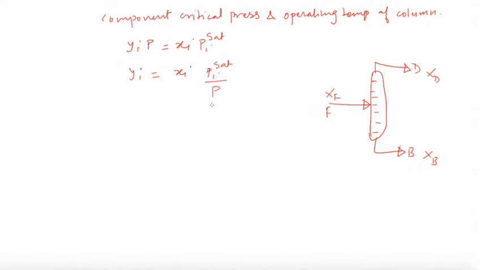This P is the operating pressure of the column, and this yi is the vapor fraction of component I which you want to recover. Let's say in the top product this is yi here, this is xi here. So it depends how much you want to recover.